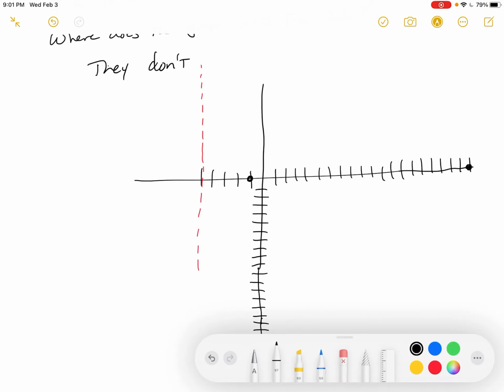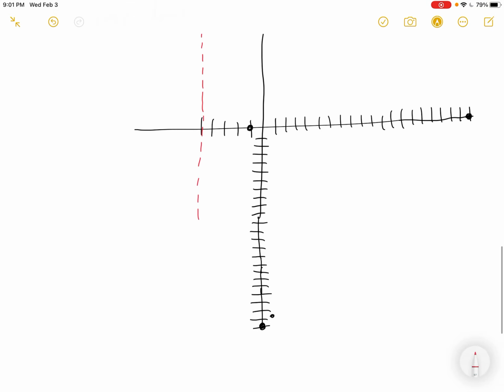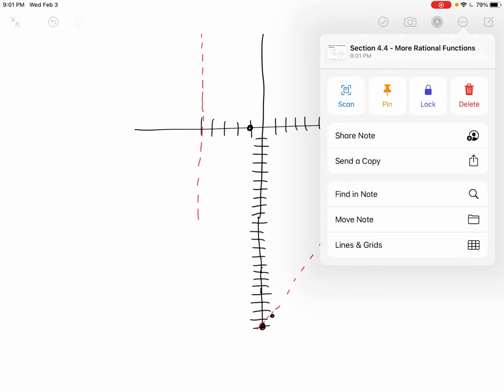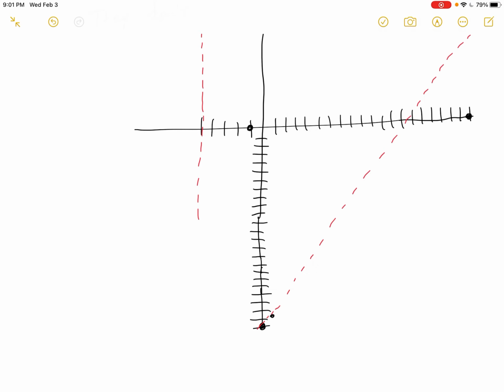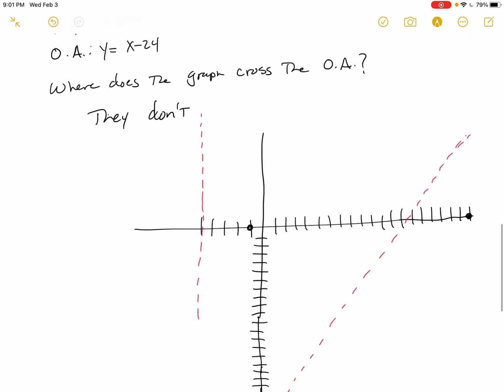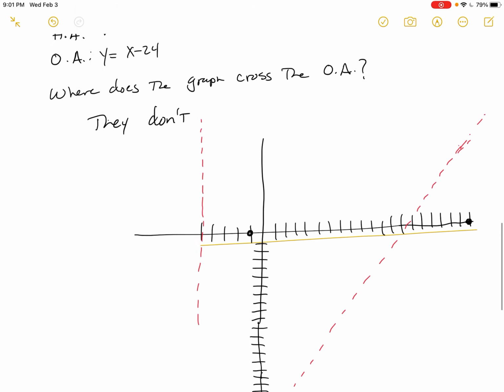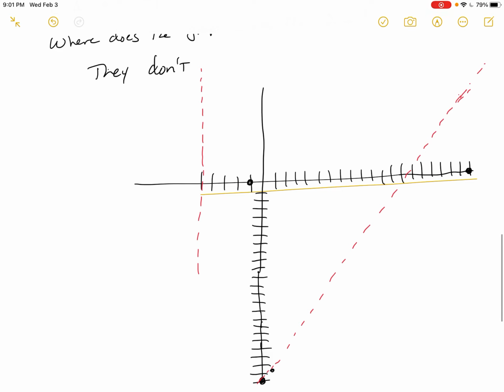And so we have this oblique asymptote. And I'll do my best to draw it, just coming right up like that and going on forever. Now, I may not have drawn it perfectly, but I did my best.